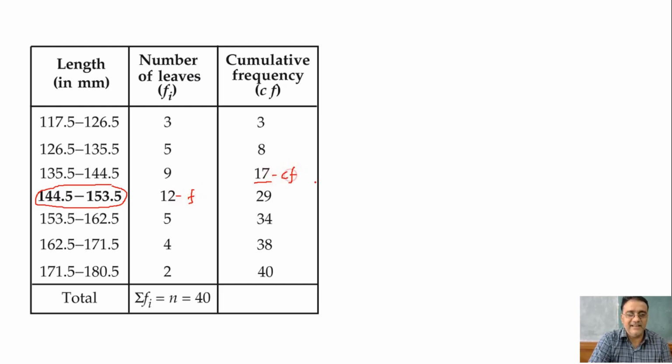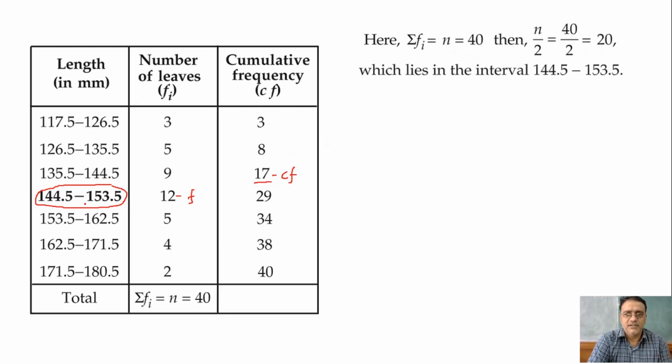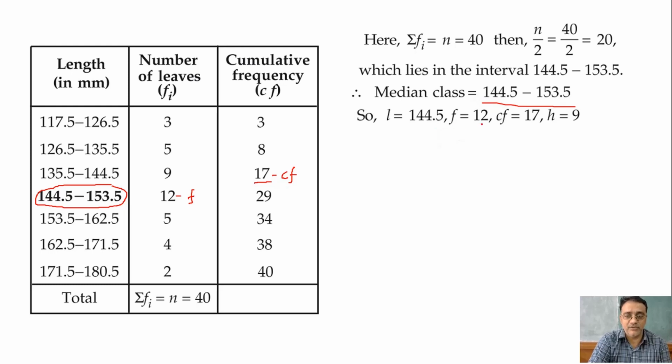What is the value of L? 144.5. Okay, what is the value of H? 9. Okay, so we'll write here n by 2 is 20, which belongs to 144.5 to 153.5. So median class is this one, and the value of L is 144.5, F is 12, CF is 17, and H is 9.